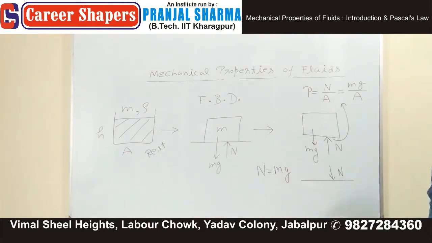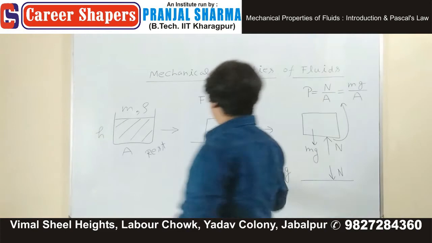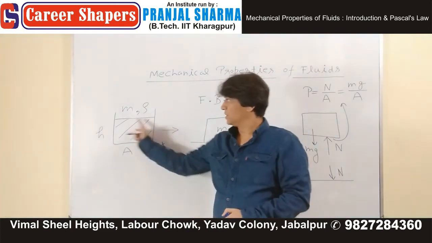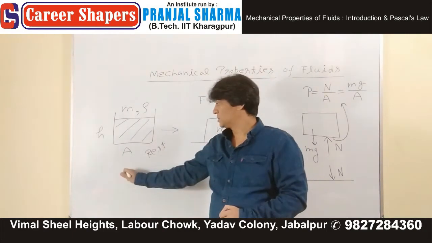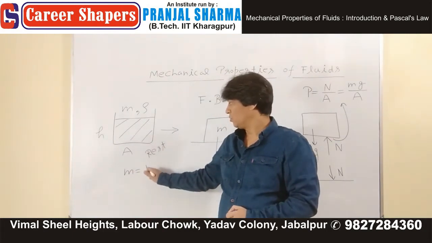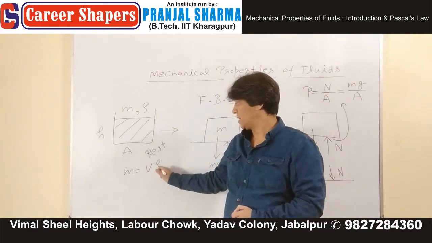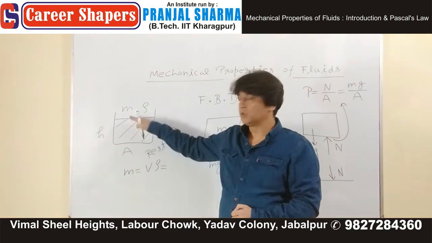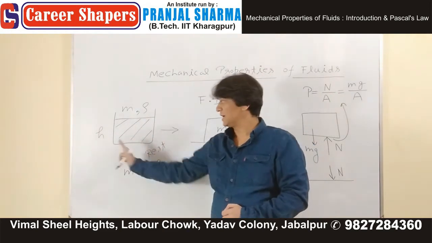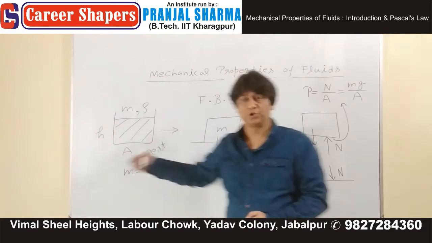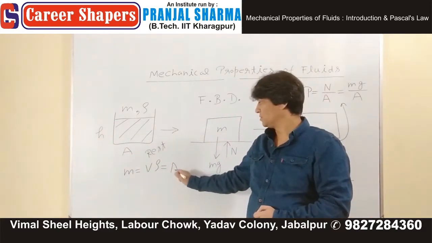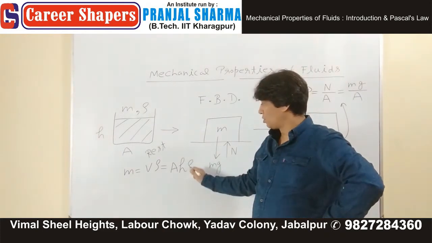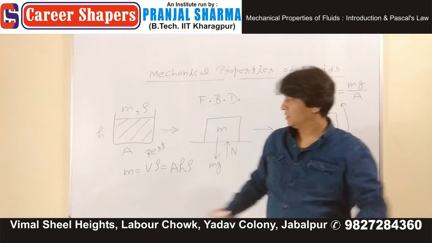Now, we know that we can calculate mass in terms of volume. The mass of this liquid will be volume multiplied by density. What is the volume of this liquid column? If the cross-sectional area is A and height is h, then volume is simply A multiplied by h, into rho, that gives you mass.